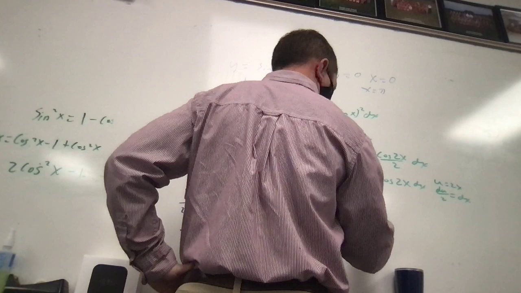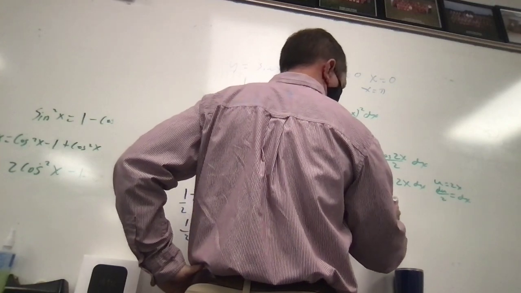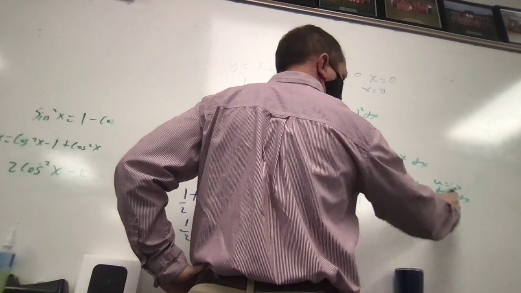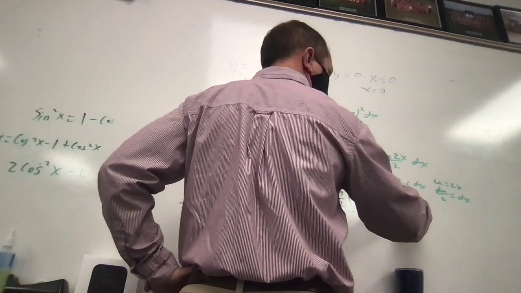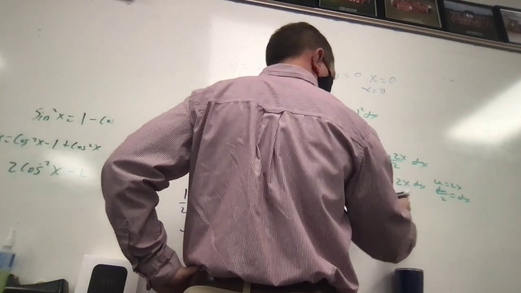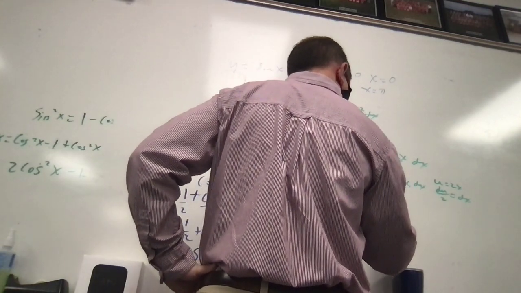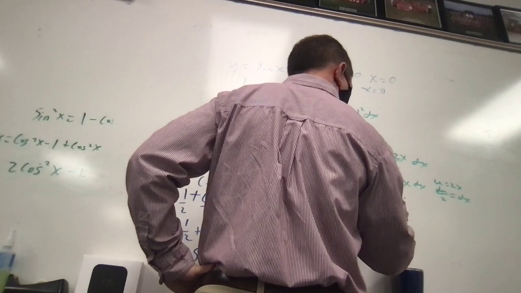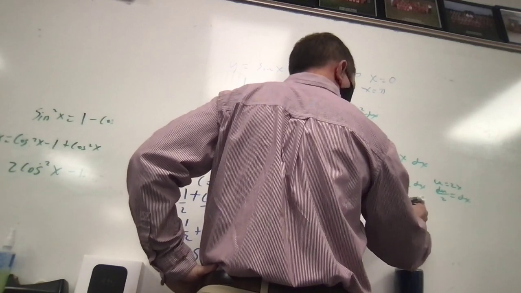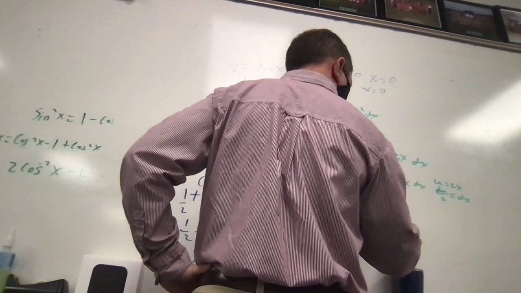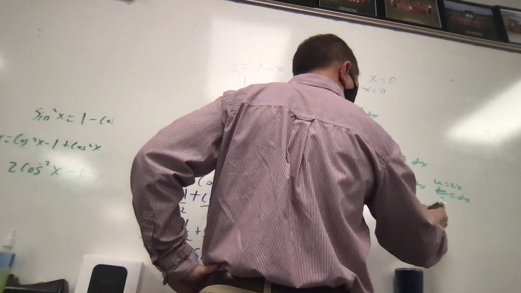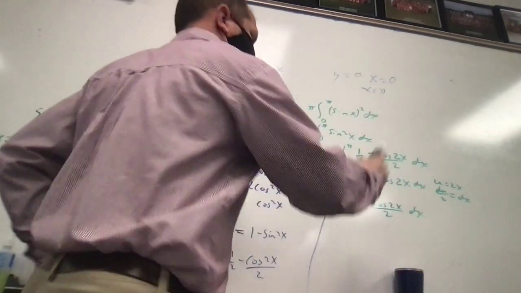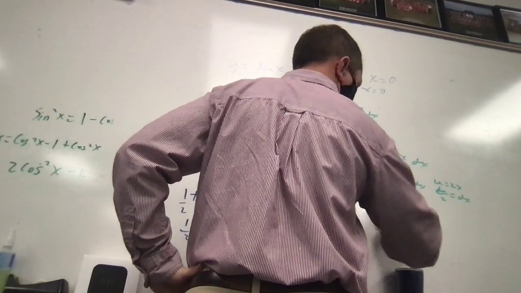So we got pi over 2 from 0 to pi of 1 minus, you would have the 1/2 associated with this, so it becomes the cosine of 2x over 2. Or I'm sorry, let's do that after we do the integral.